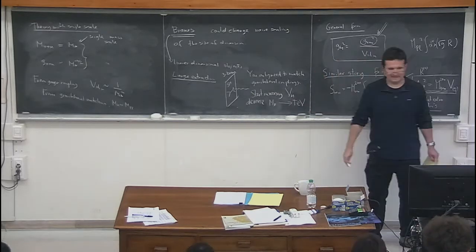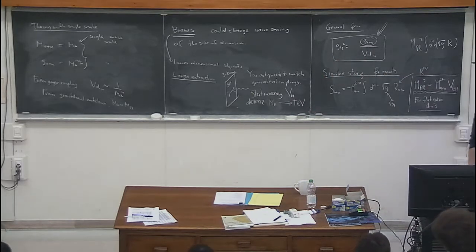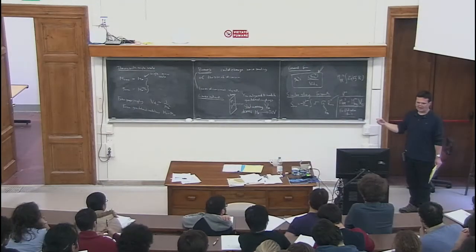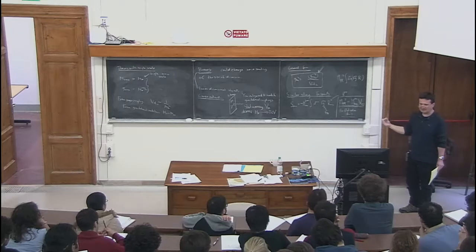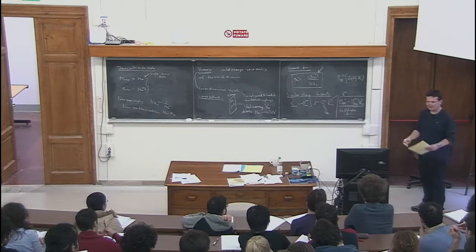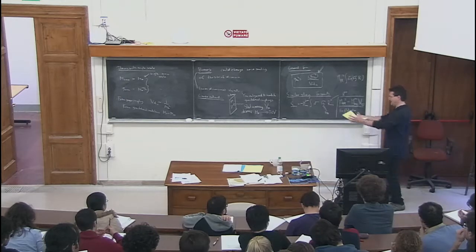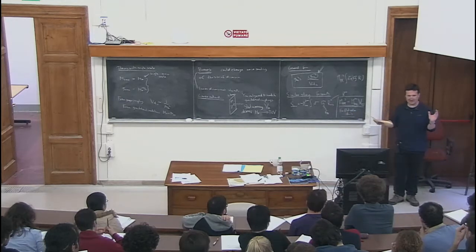And they said, well, it would be really exciting if we lived in a universe where the fundamental scale of gravity was equal or roughly equal to the scale of the weak interactions.